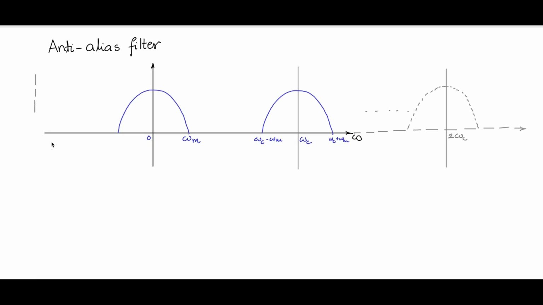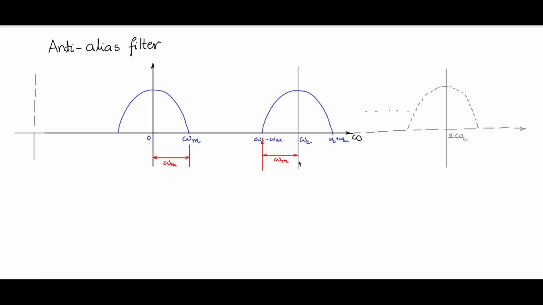And on the minus side also, at minus 2 omega c, you will see that duplication happening. So let me mark this as omega m. This is the band limit for this baseband signal. And with respect to the carrier frequency value, this is also omega m.